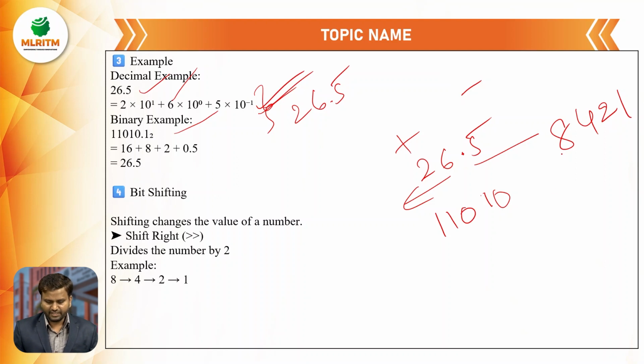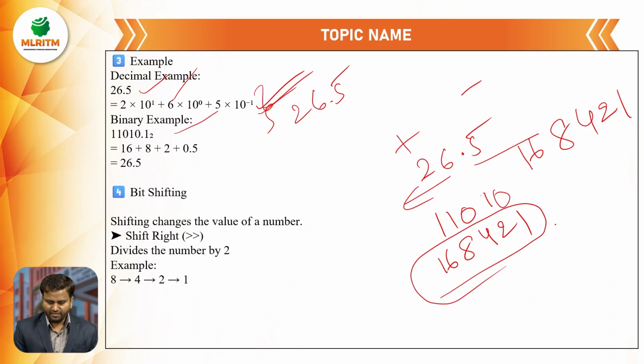We have 5 digits, so the weights are 16, 8, 4, 2, 1. Observe the binary number: wherever we have ones, we take those weights, add them, and calculate the decimal equivalent number.